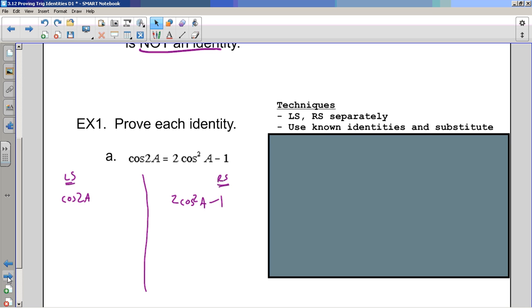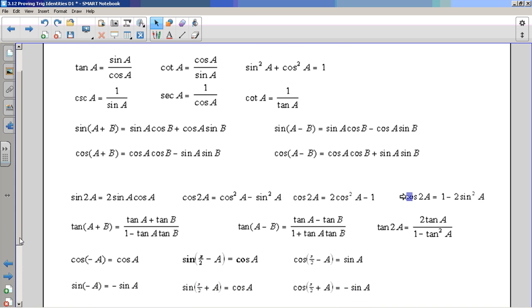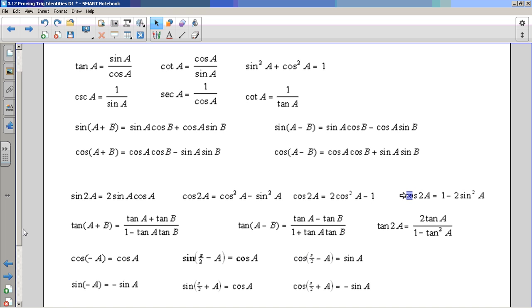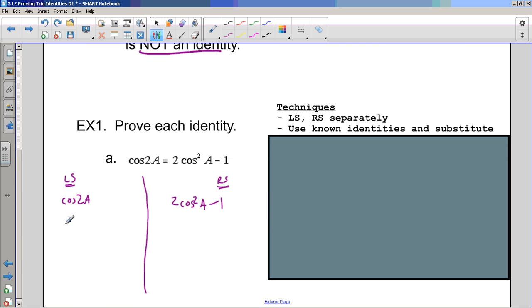Well, if you don't remember, you need to have that sheet. And I think there's my sheet. And no, you can't have a copy of this. I suppose you could screenshot this and print it off, but it's better if you make your own copy. And look, right there is a formula for cos 2a. So I'm going to apply that formula.